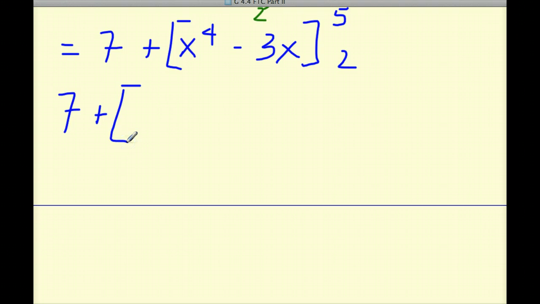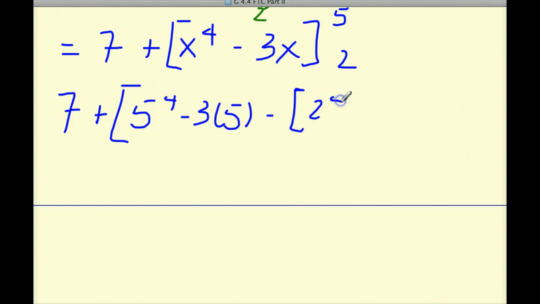So we continue the algebra and we get 7 plus the parentheses, 5 to the fourth minus 3 times 5, minus the parentheses, 2 to the fourth minus 3 times 2.